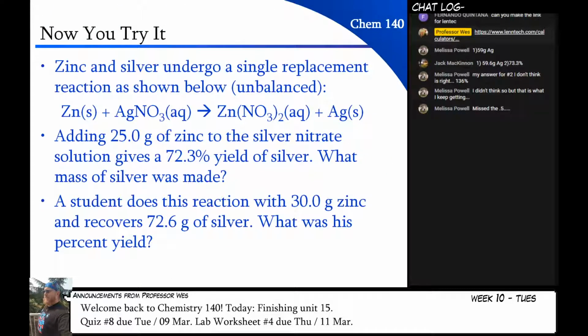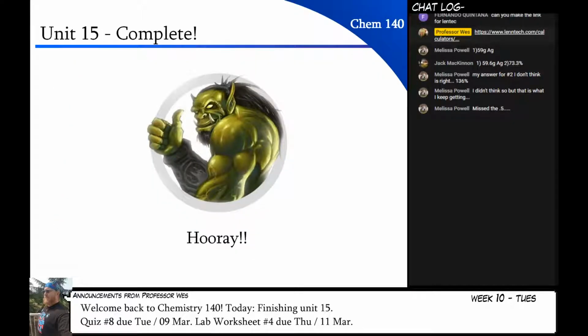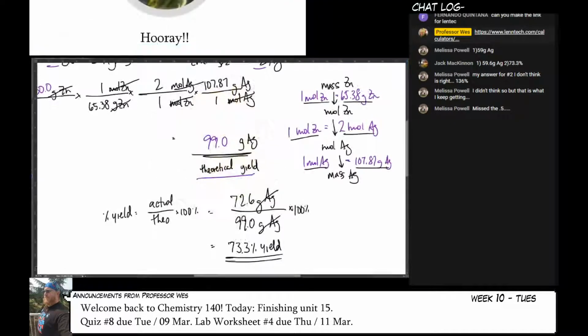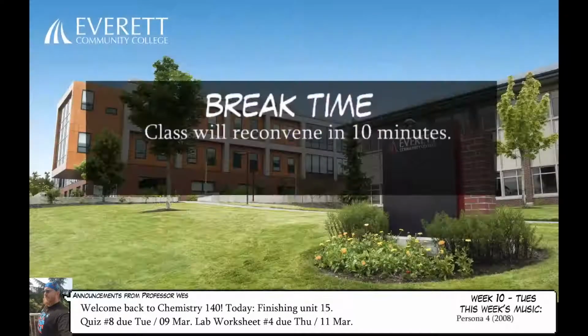All right, so I believe that is the end of the unit, which means that we have the celebratory thing. Yay, there's only one more unit left, and we're going to start that after the break. So let me put this on here.